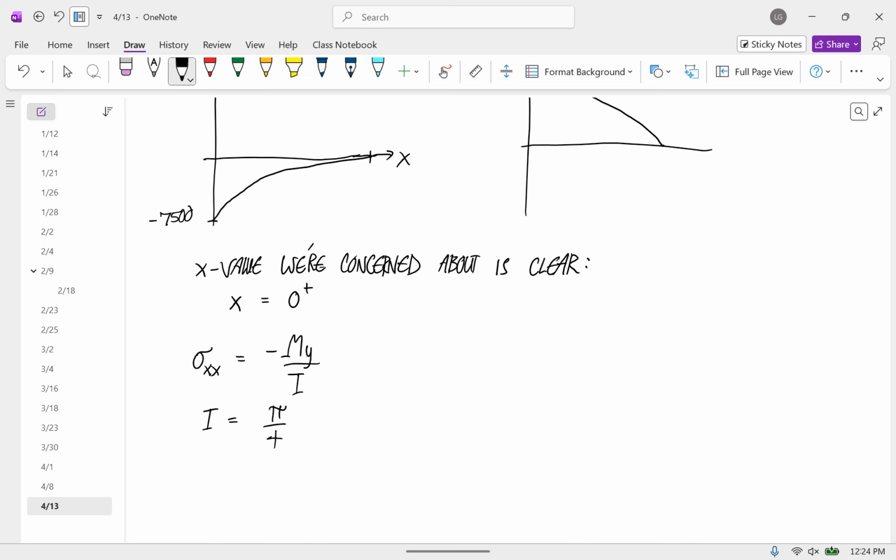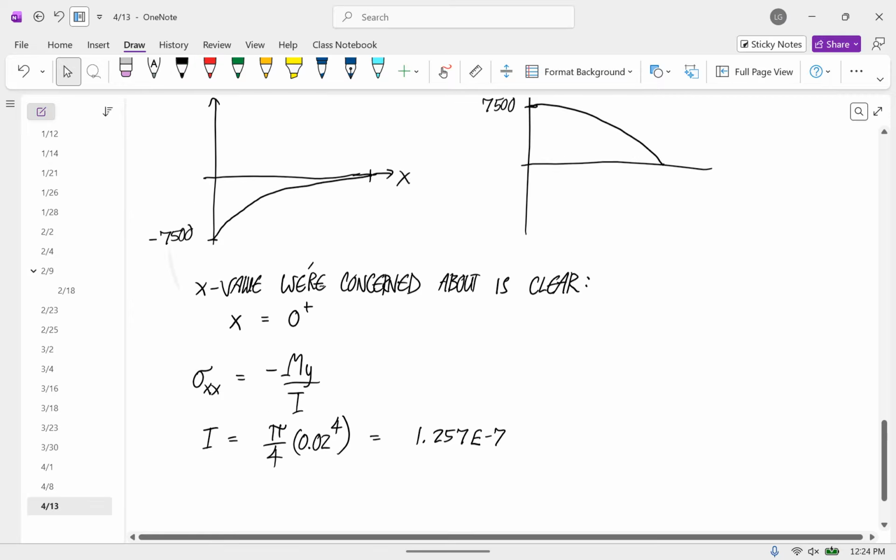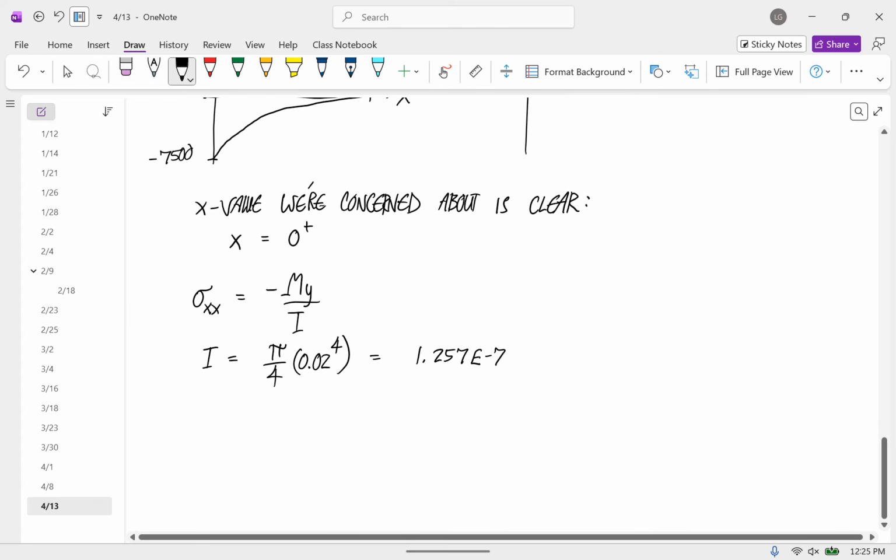Okay, pi over 4 times 0.02 to the 4th. So that's 1.257 times 10 to the minus 7. And then, okay, the cross section looks like this.